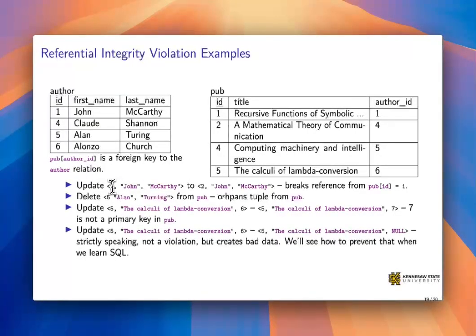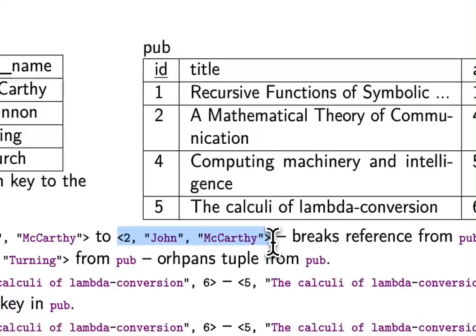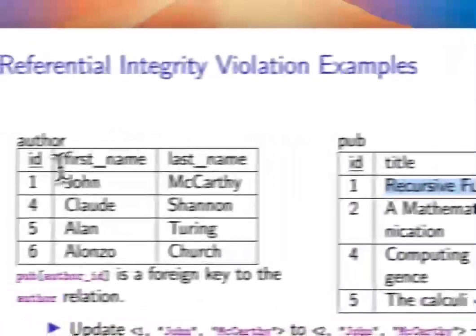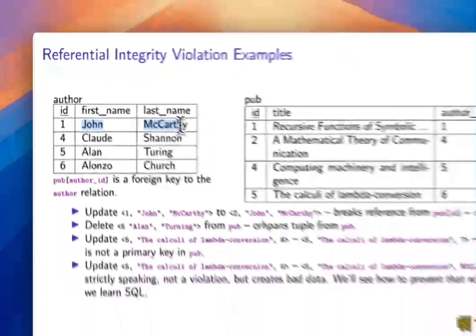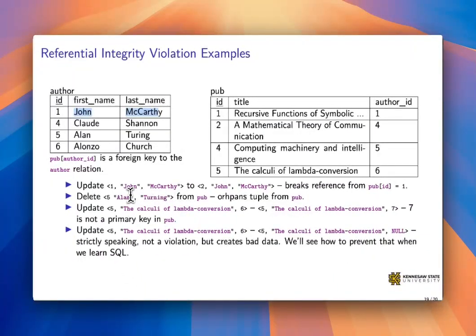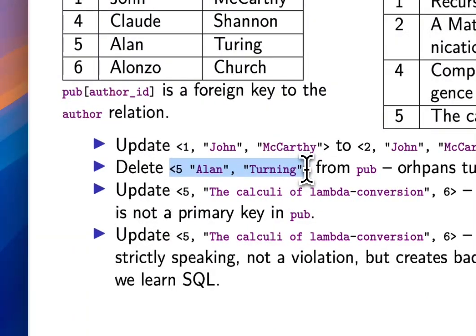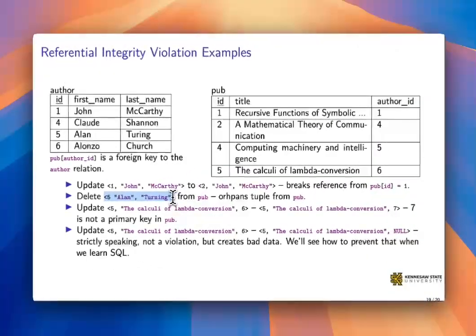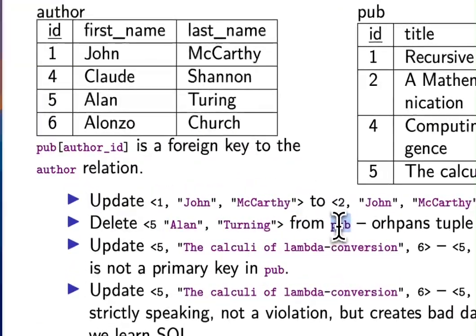So if we try to update 1 John McCarthy in the author table to 2 John McCarthy, this would break the reference between this publication and the record John McCarthy. And so that would be a referential integrity violation. If we tried to delete 5 Alan Turing from, that should say author.